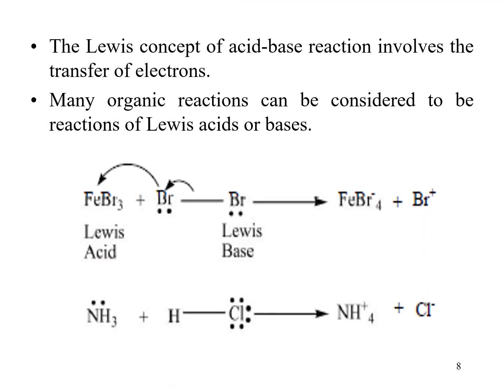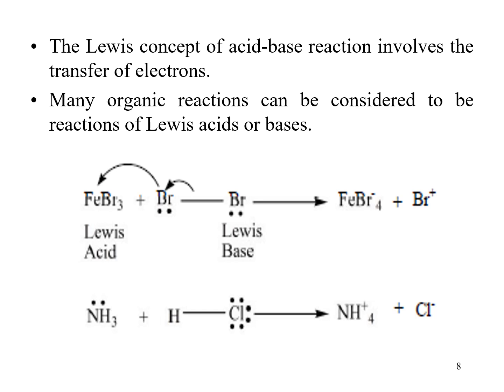In terms of Lewis, remember it involves acceptance of an electron pair. So that is a typical example where an electron pair is being accepted. Lewis acid accepting an electron pair in terms of ammonia and hydrogen chloride.